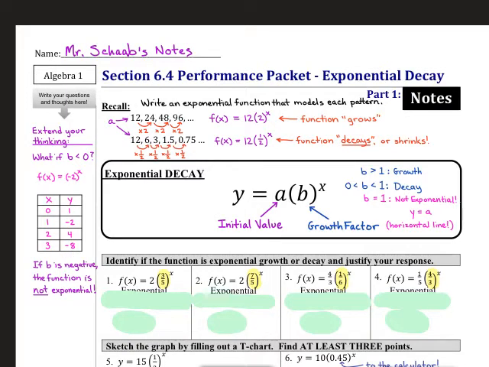It would not create a smooth curve. You really don't need to know about this, but those of you who want to understand why b can't be a negative number, it's right here for you. These numbers are not going to create one smooth curve on the graph. And if it's not a smooth curve, then chances are it is not a function, and it's definitely not an exponential function.